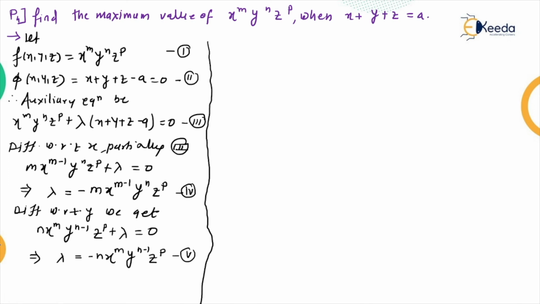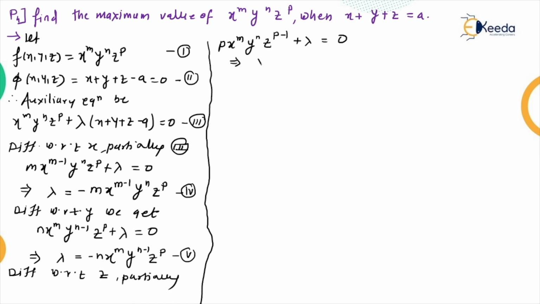Again differentiating equation 3 with respect to the next variable z partially. Here x and y are constants, therefore we get p into x raised to m as it is, y raised to n as it is, and z raised to p minus 1, plus lambda, and that is equal to 0.